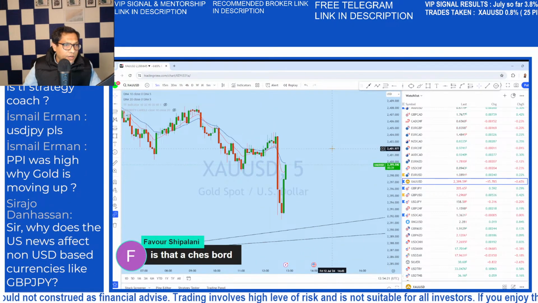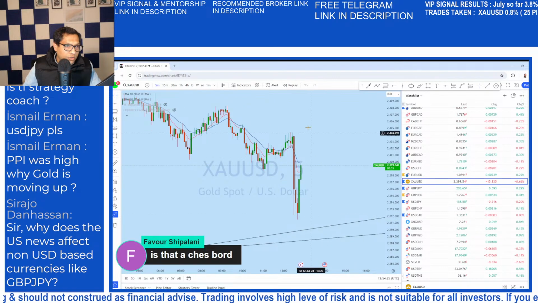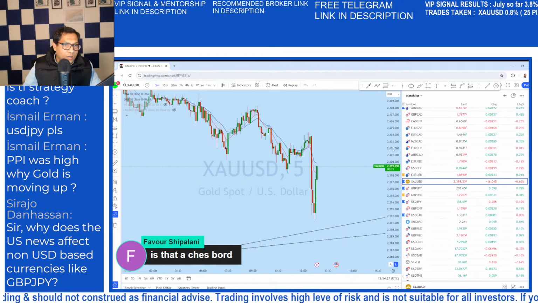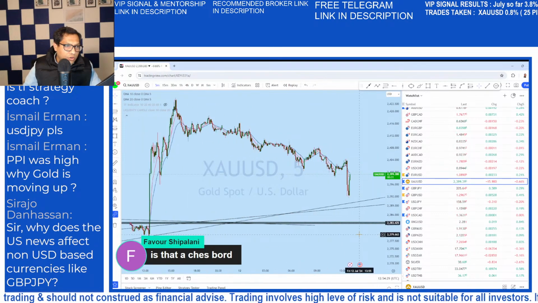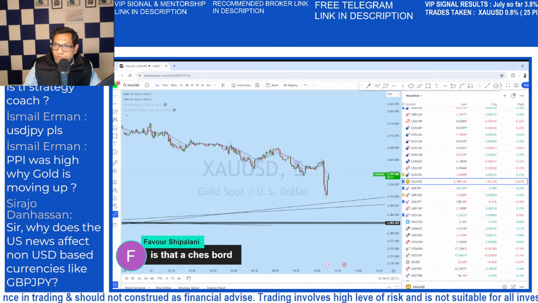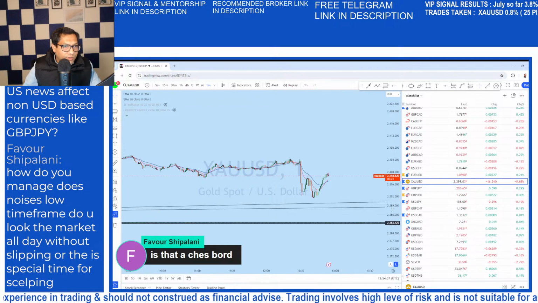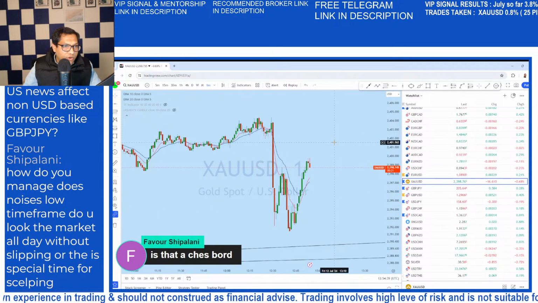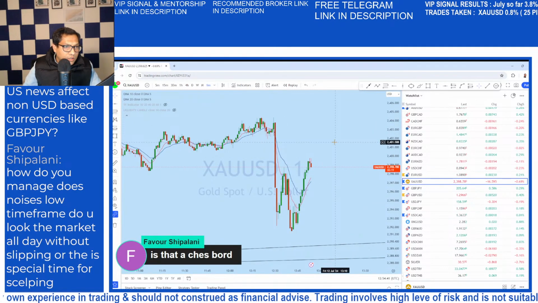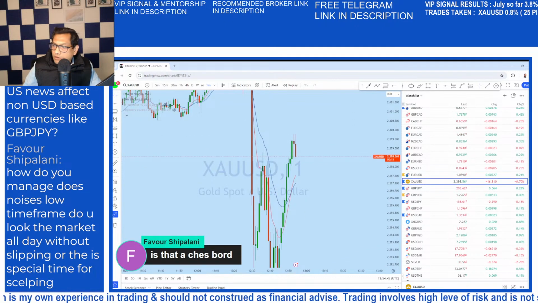Need to see what's happening here. This drop on gold, we need to see if it's a reversal or trend continuation. Okay, so both can be. If it breaks from this structure, it can be a complete reversal or it can be a trend continuation. Here the market is on the resistance line.